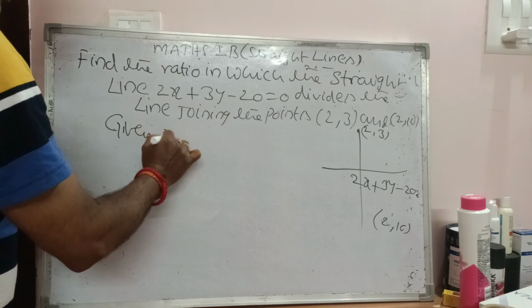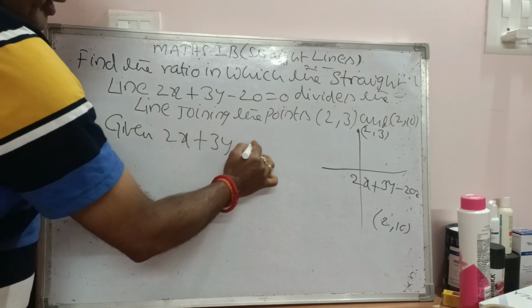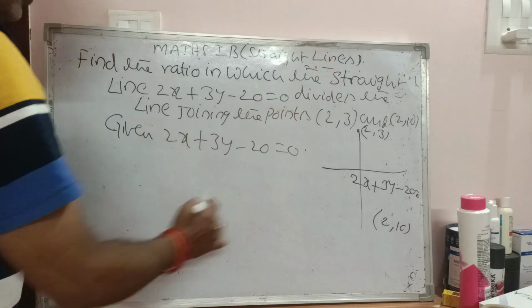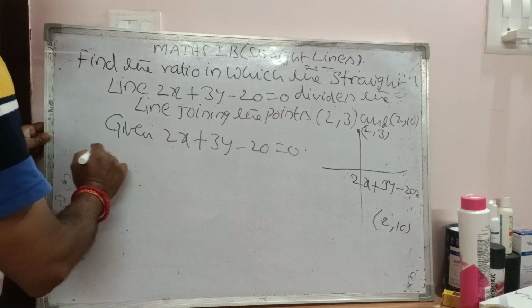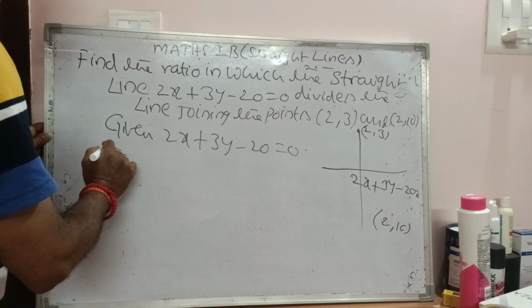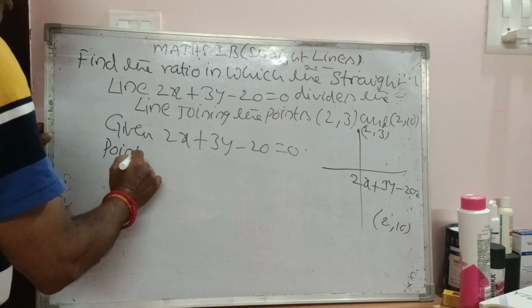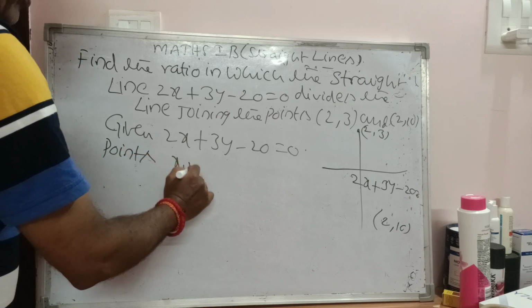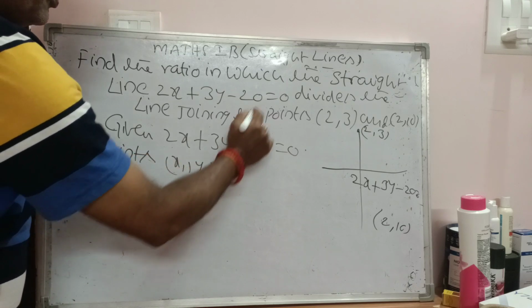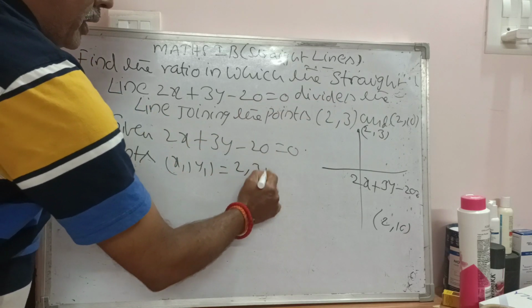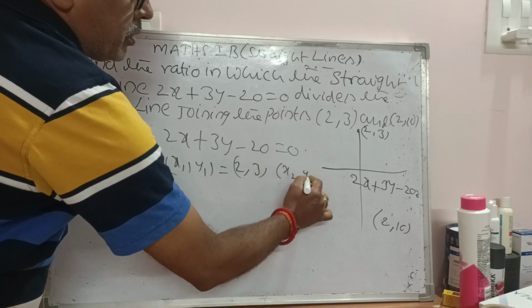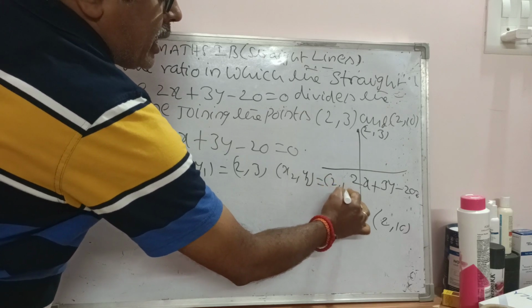Given 2x + 3y - 20 = 0. Therefore, the points given are (x1, y1) = (2, 3) and (x2, y2) = (2, 10).